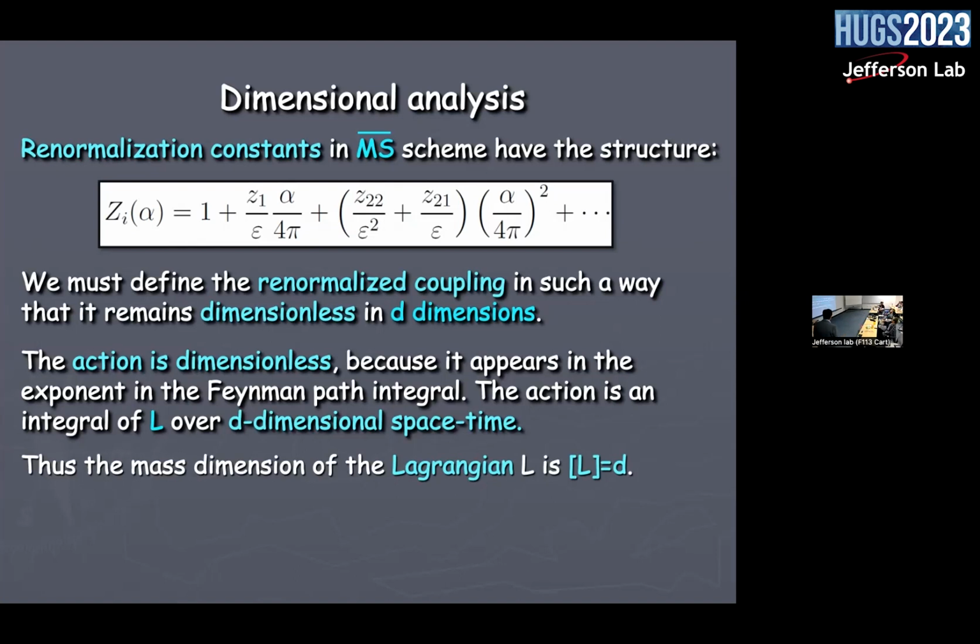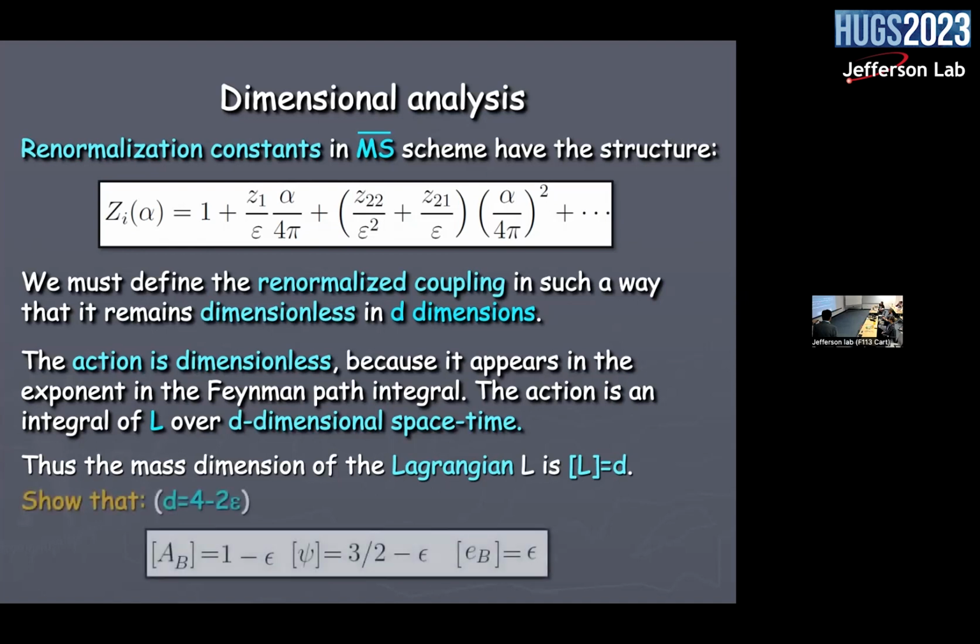That means the mass dimension of the Lagrangian density is d, because d^dx has mass dimension minus d, since length dimensions are inversely proportional to mass dimensions in natural units, and therefore the Lagrangian has to compensate that.